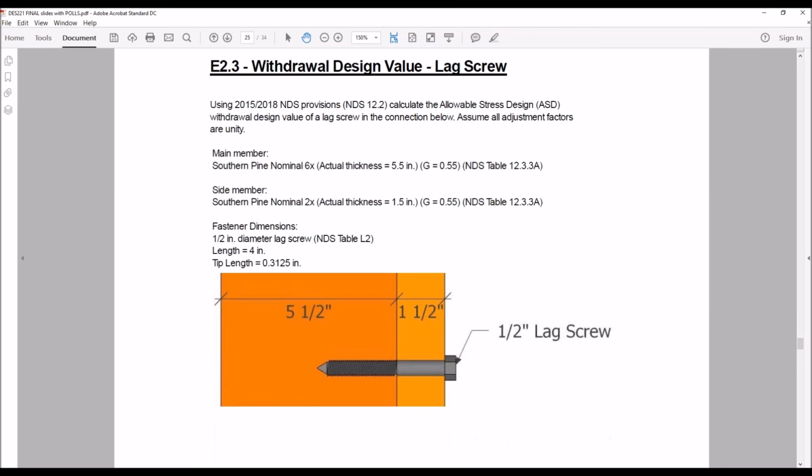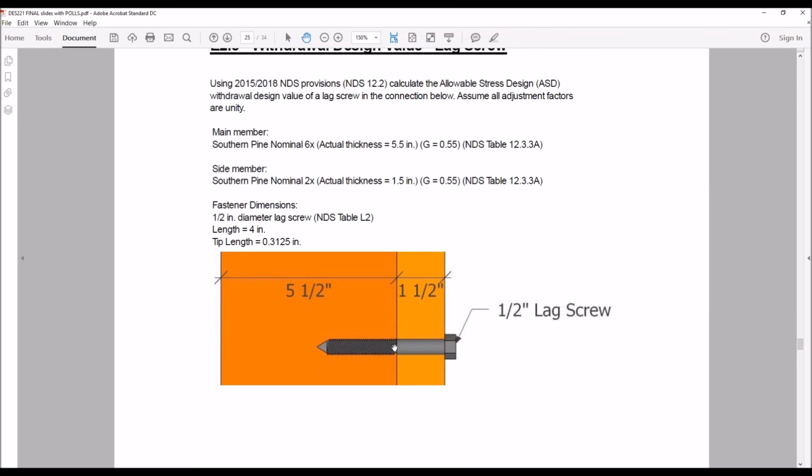So in this example, the threads do actually start at the shear plane, but if, for example, this side member was 2 inches thick instead of 1.5 inches thick, that would mean some of these threads would actually be occurring in the side member.